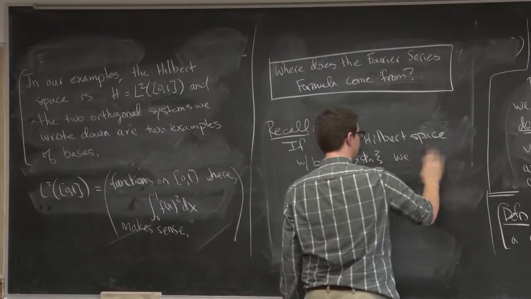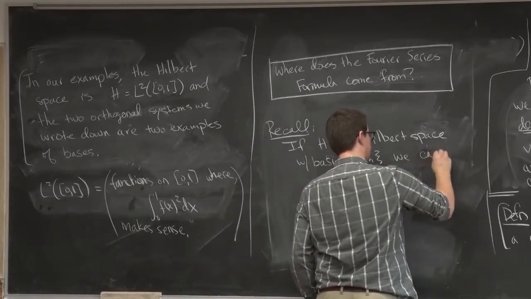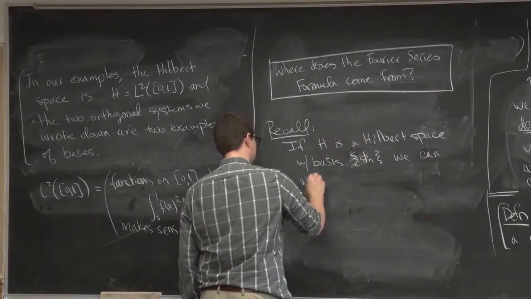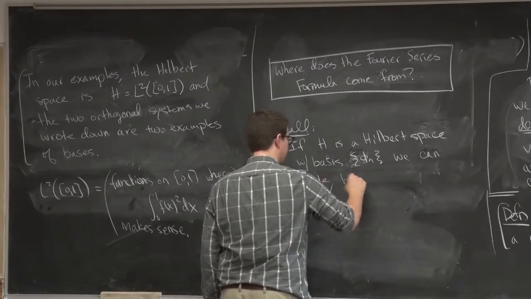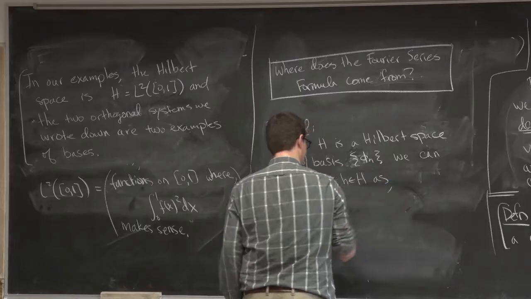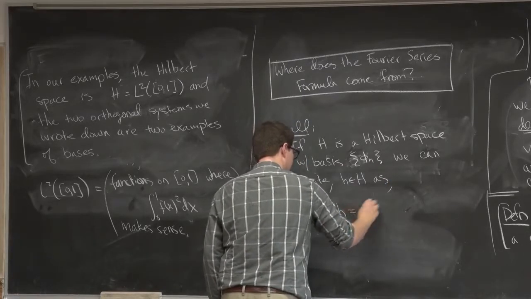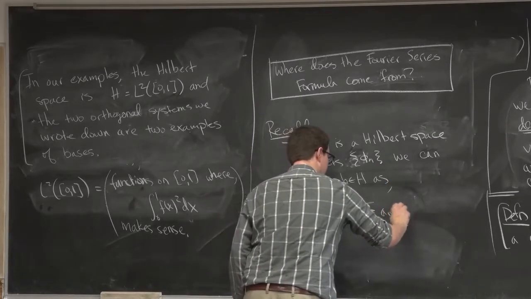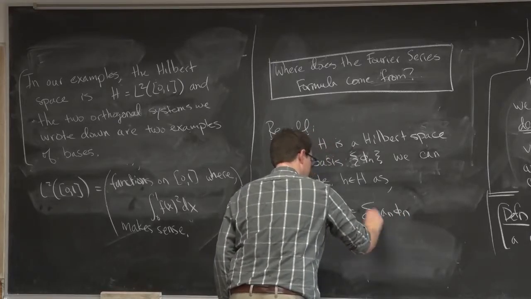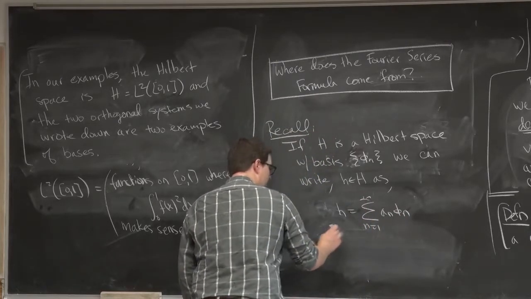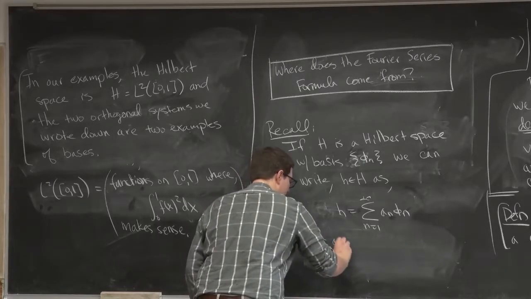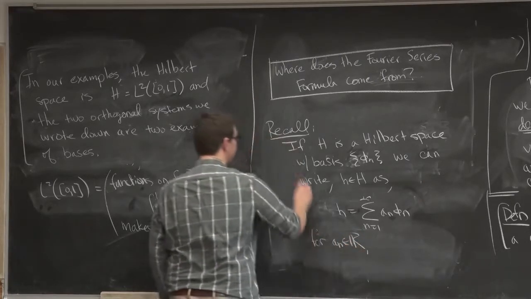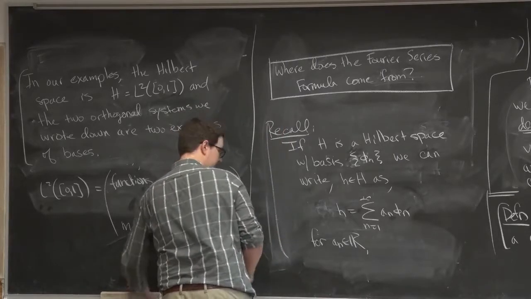We can write h as the sum of a_n phi_n, n from 1 to infinity, for, let's say, a_n real numbers. So we're doing real Hilbert spaces. You can do them over the complex numbers too.